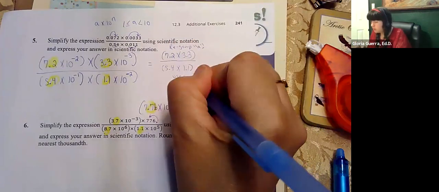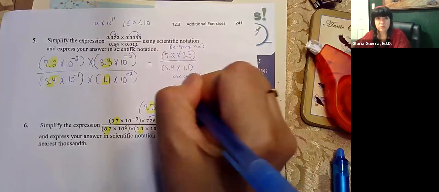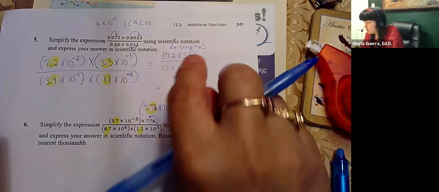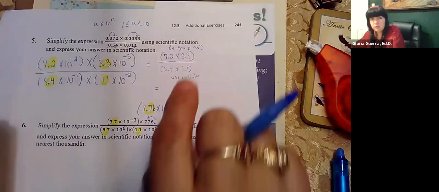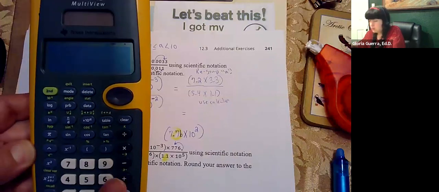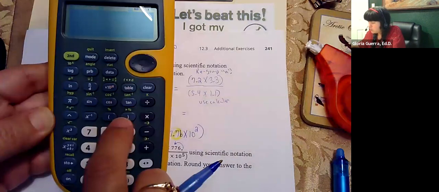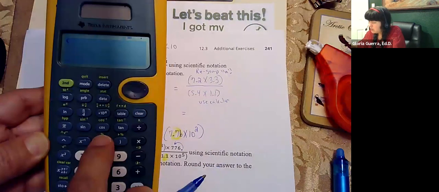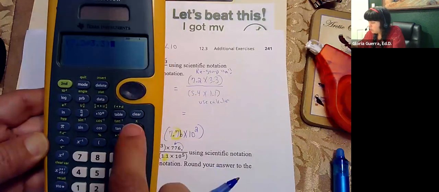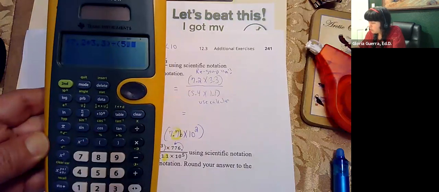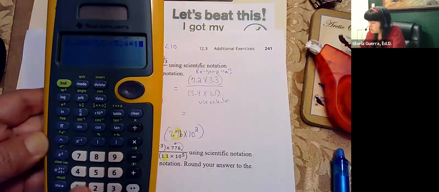And when you use your calculator on that, you do need to put the parentheses. If you don't put the parentheses, it'll have an order of operations error. So you do parentheses 7.2 times 3.3, close parentheses, then division, open parentheses, 5.4 times 1.1, close parentheses.